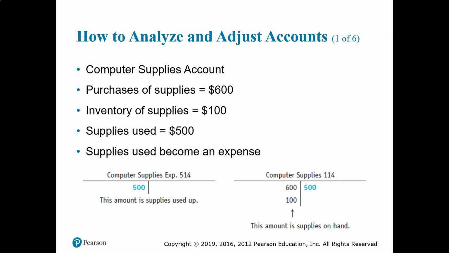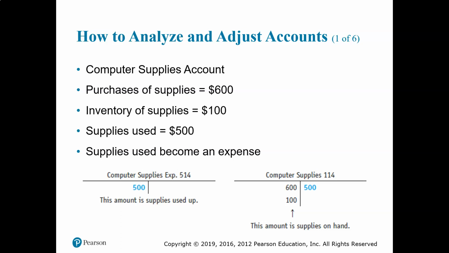Maybe it was binders, maybe ink for the printers, but you have that supplies used up, so now that $500 of supplies becomes an expense. So you want to get it off of your balance sheet, and you have to recognize it as an expense.